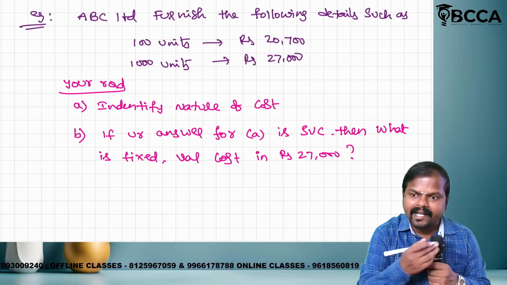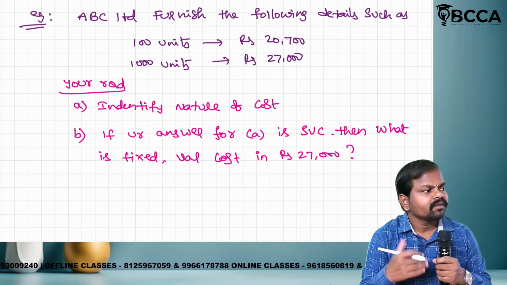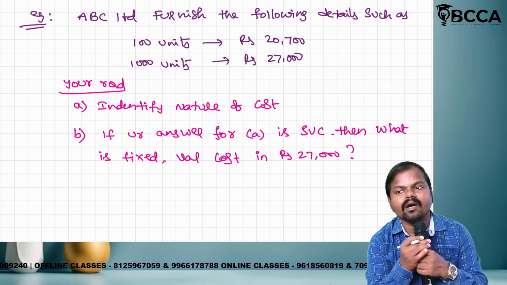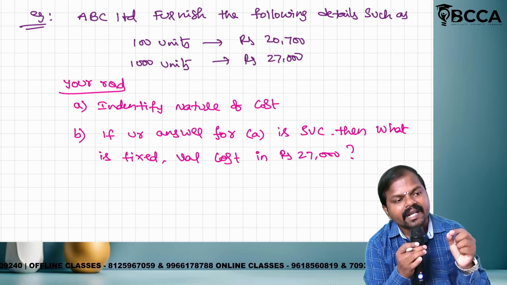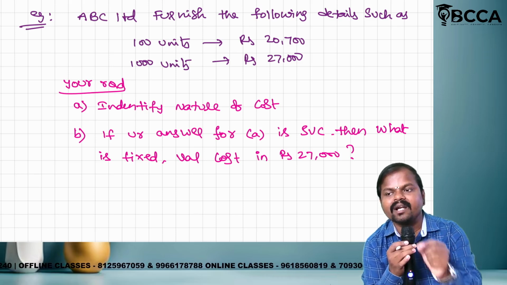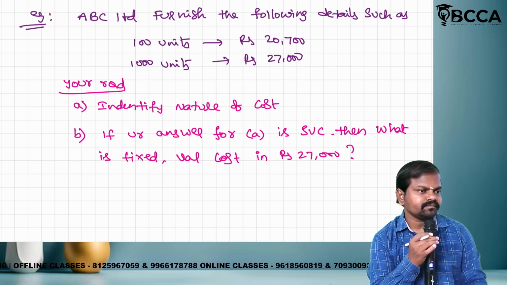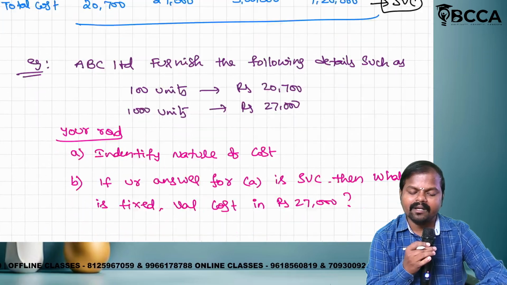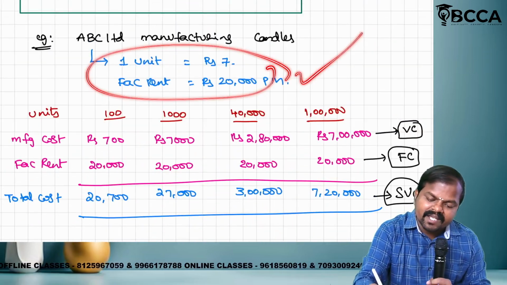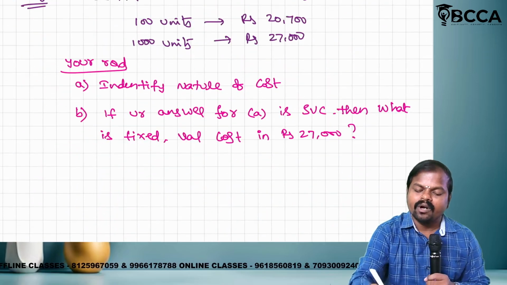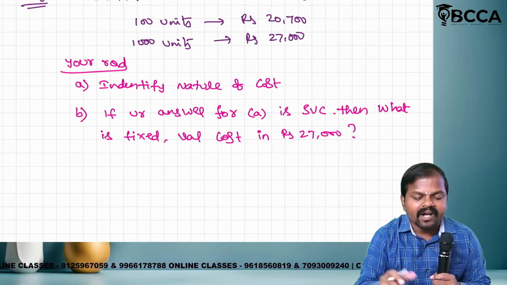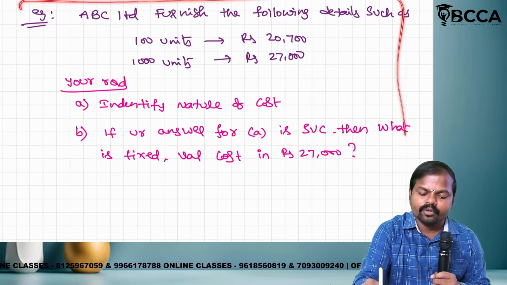But since the data is not given, we have to learn the procedure for segregation of semi-variable cost into fixed and variable. If this data were given, we could easily conclude out of 27,000, 7,000 and 20,000, like that. But unfortunately, data is given only up to here.